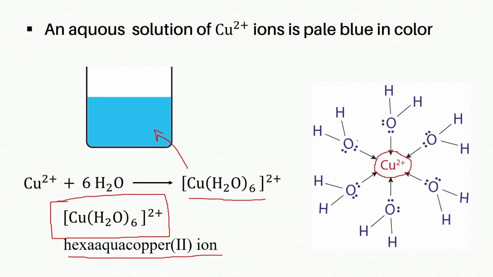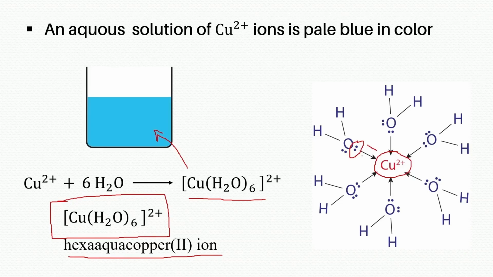You can clearly see that each oxygen atom in each water molecule has lone pairs. These lone pairs can be donated to the empty orbitals of this Cu2+ ion. After that, this oxygen atom and Cu2+ ion are bonded by a dative covalent bond.